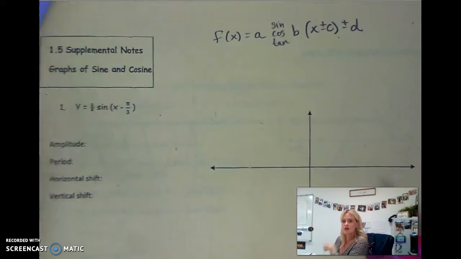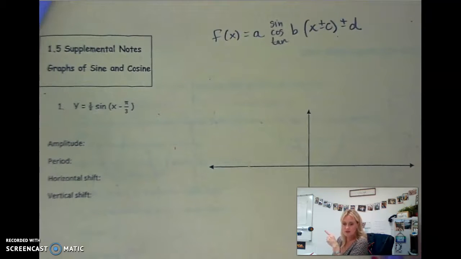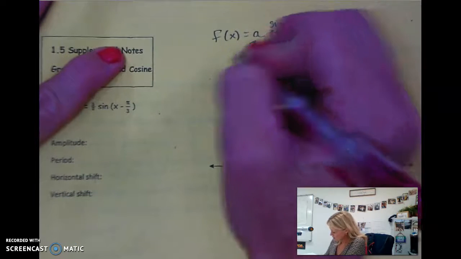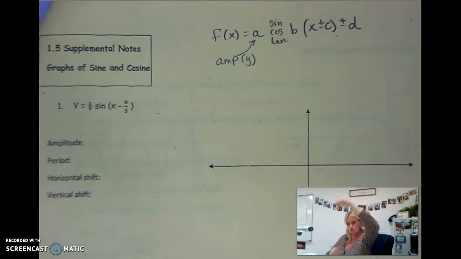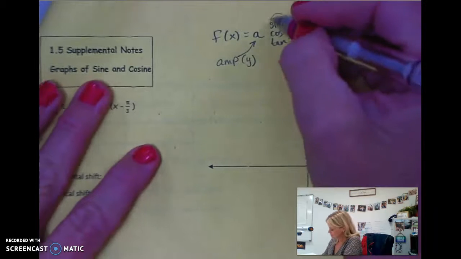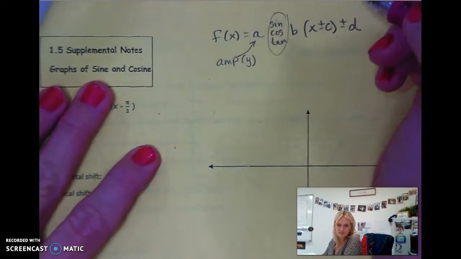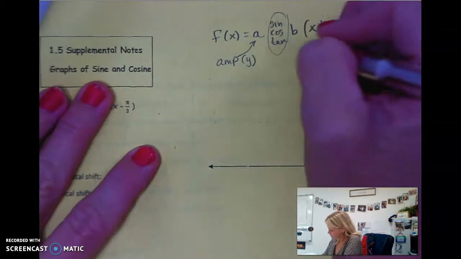If you can tell me what each one of those parts play in this, you're really going to be a good grapher. So this is our amplitude. It affects the y because it's stretching or shrinking the graph. Again, we have to use our parent graph of sine, cosine, or tangent.